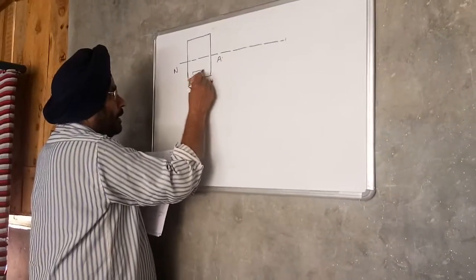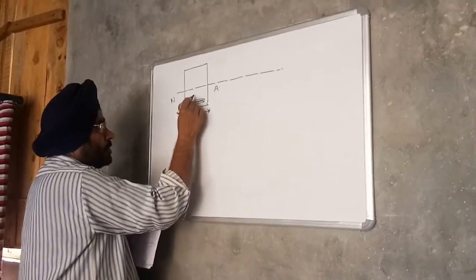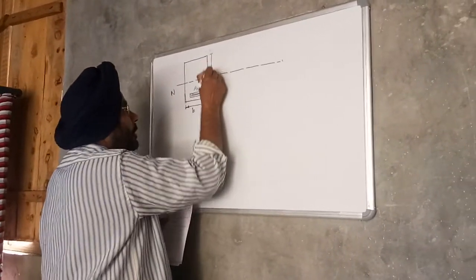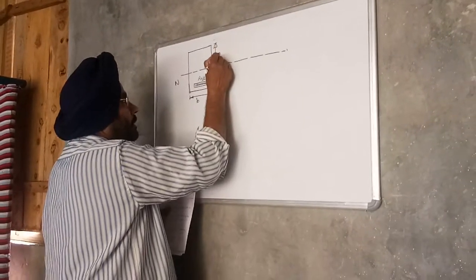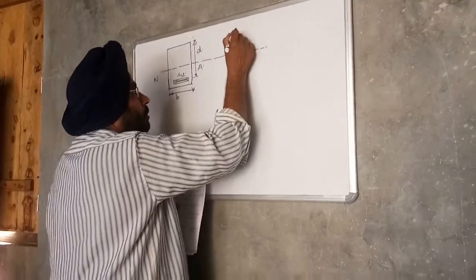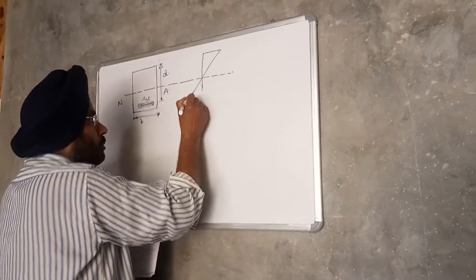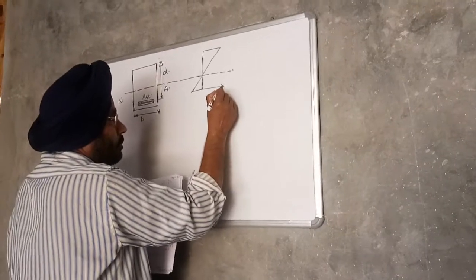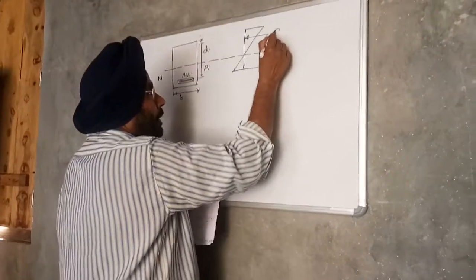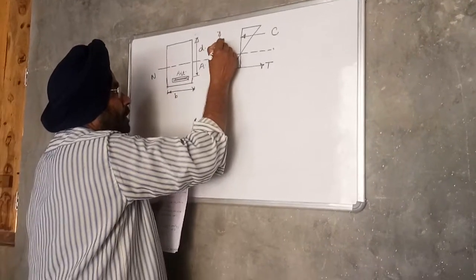So this is AST, the cross sectional area of the steel in tension, and small d is the effective depth of the beam section, and this is the stress diagram. T, and this is capital C. So N is the depth of the neutral axis.